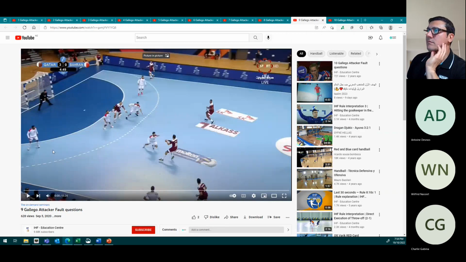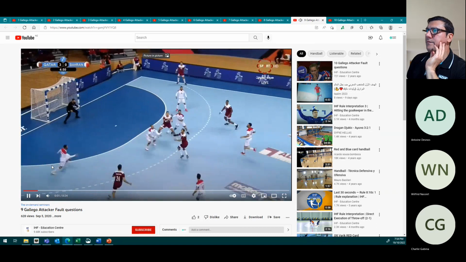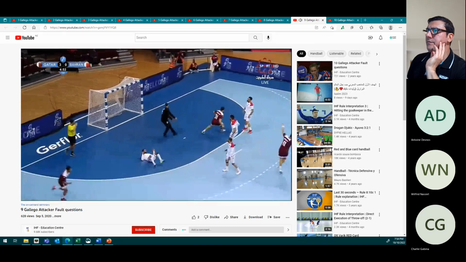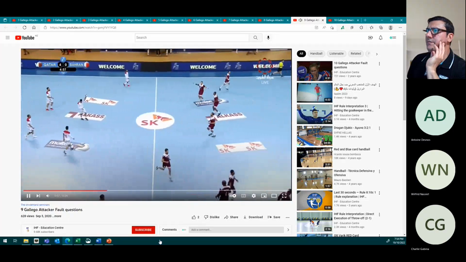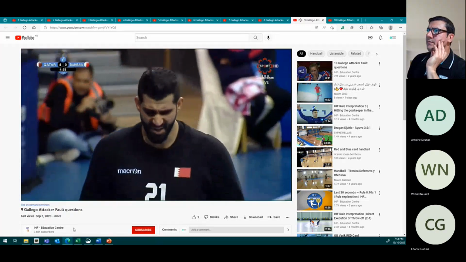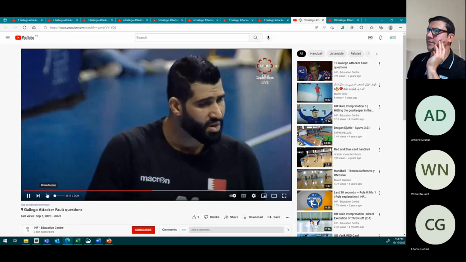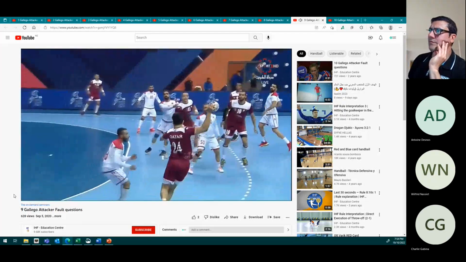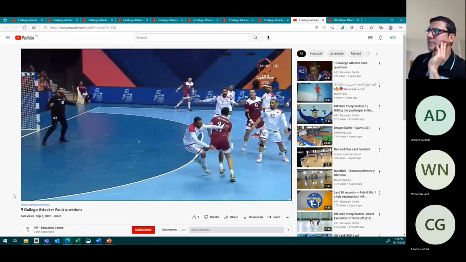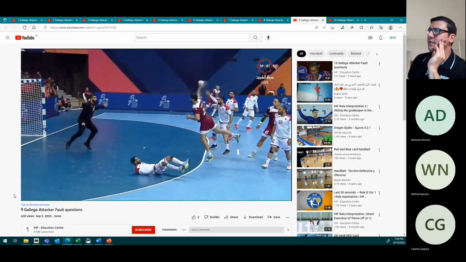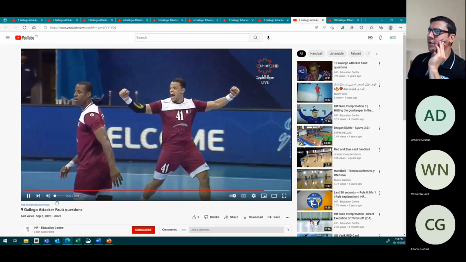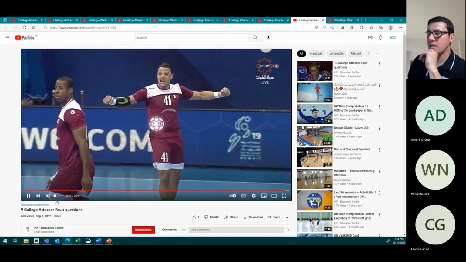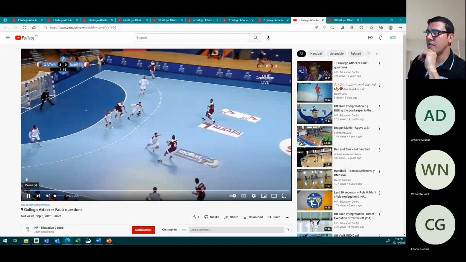You can see here how the white player was moving towards the attacker and as well falling.